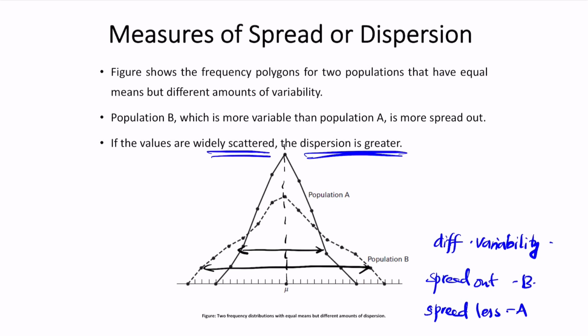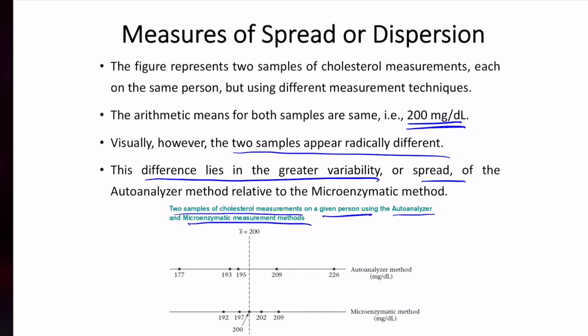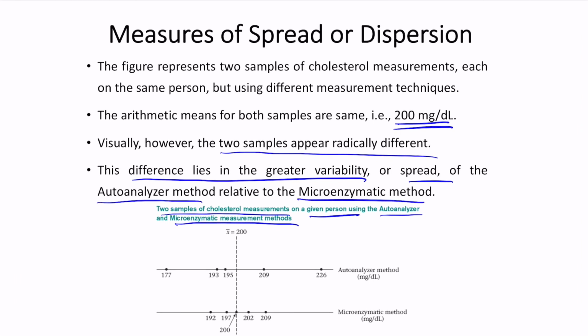That's a common phenomenon. Let's take a simple example of two cholesterol measurements: two samples of cholesterol measurements on a given person using two methods. One is an autoanalyzer method and the second is a microenzymatic measurement method. The figure represents two different samples, and both of them have the same arithmetic mean of 200 milligrams per deciliter. Visually both samples appear really different, which means that the difference lies in the greater variability or spread of one method relative to the other.